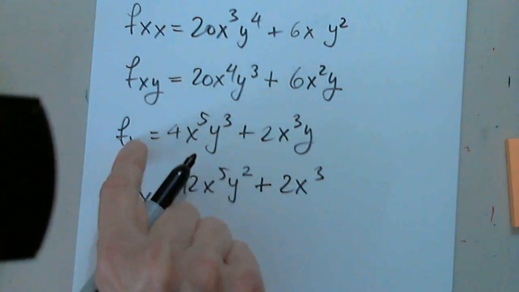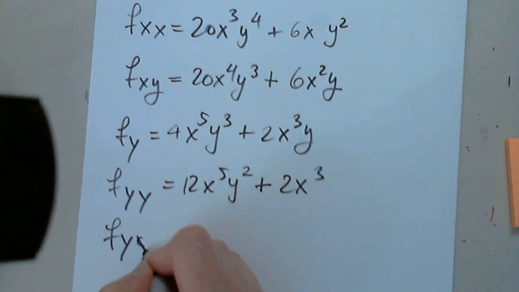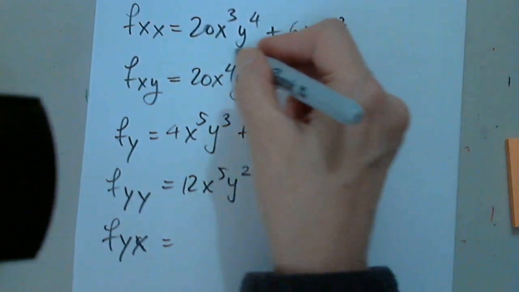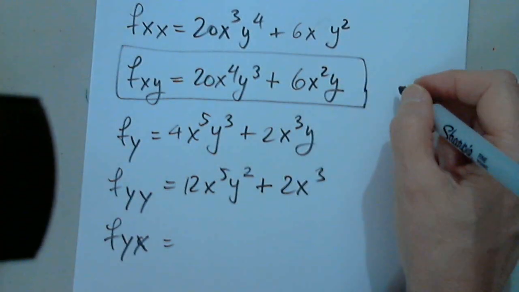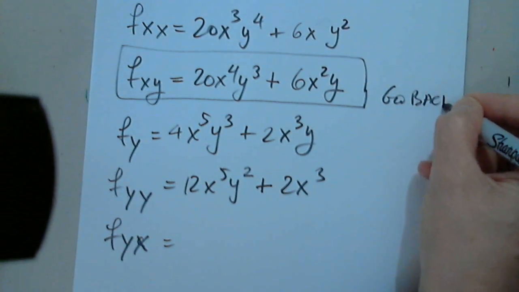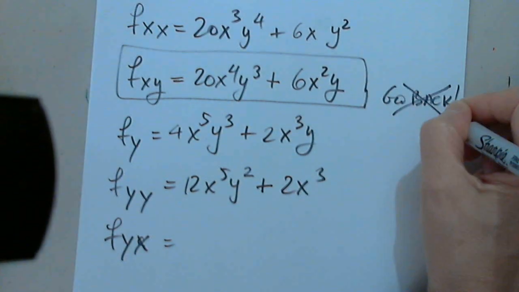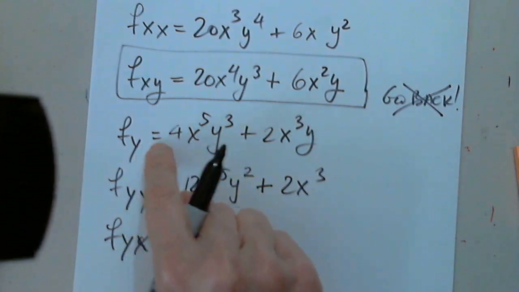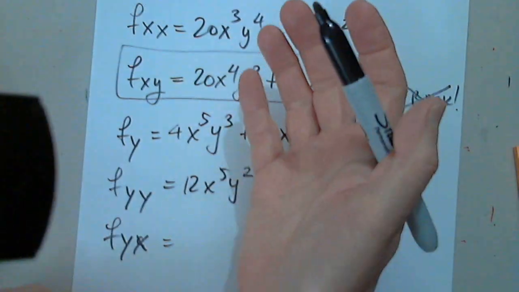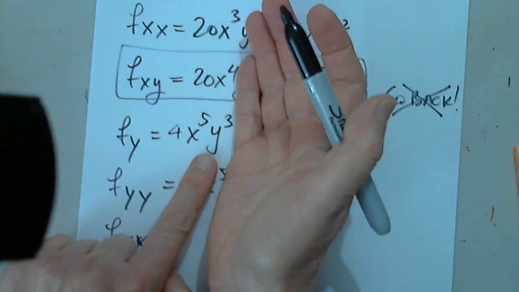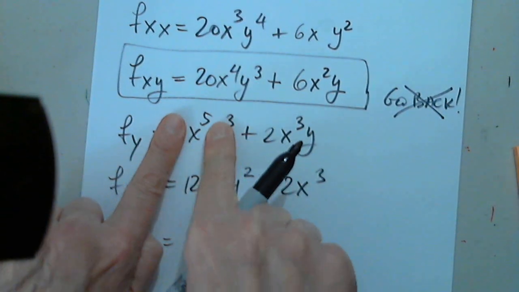Finally, the last one, fyx. If this is not identical with fxy, then we have to go back to the drawing board. We hope that's not the case. So we have fy, and now we are differentiating with respect to x. Can anyone differentiate this with respect to x? These are fixed.